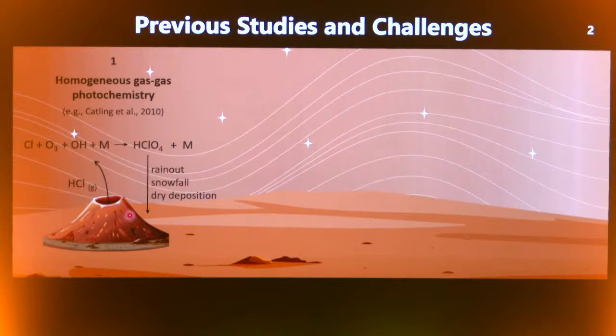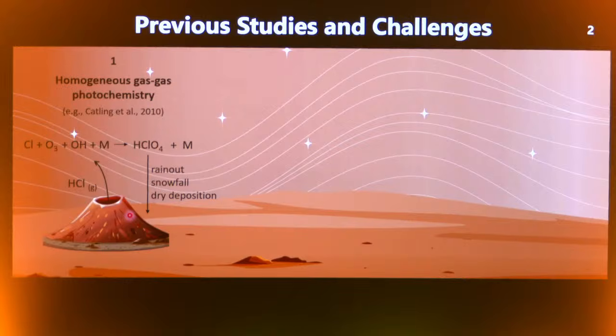So previous studies addressed the question of the formation of oxychlorines on Mars. The main mechanism proposed is the photochemical mechanism, proposed by Catling and collaborators in 2010. In this mechanism, the source of chlorine atoms would be the degassing of volcanoes.